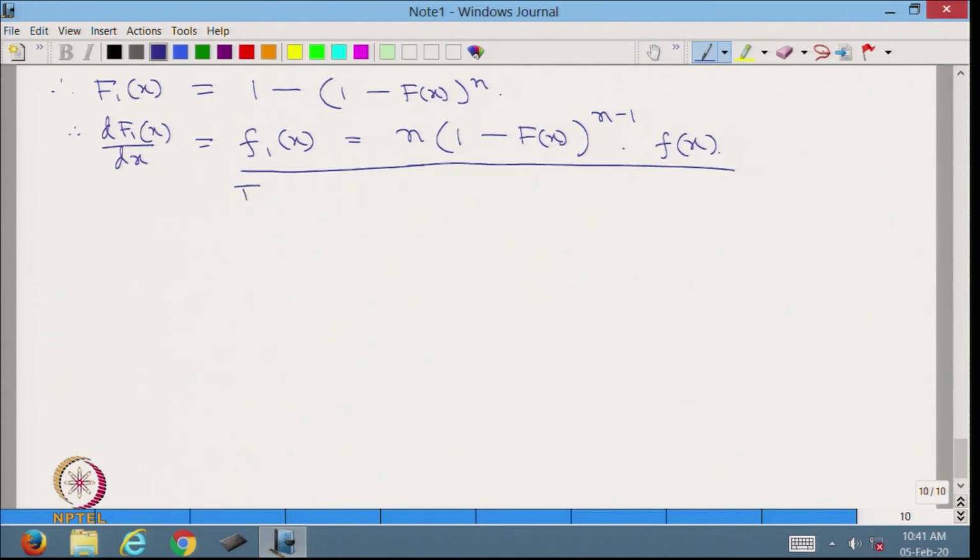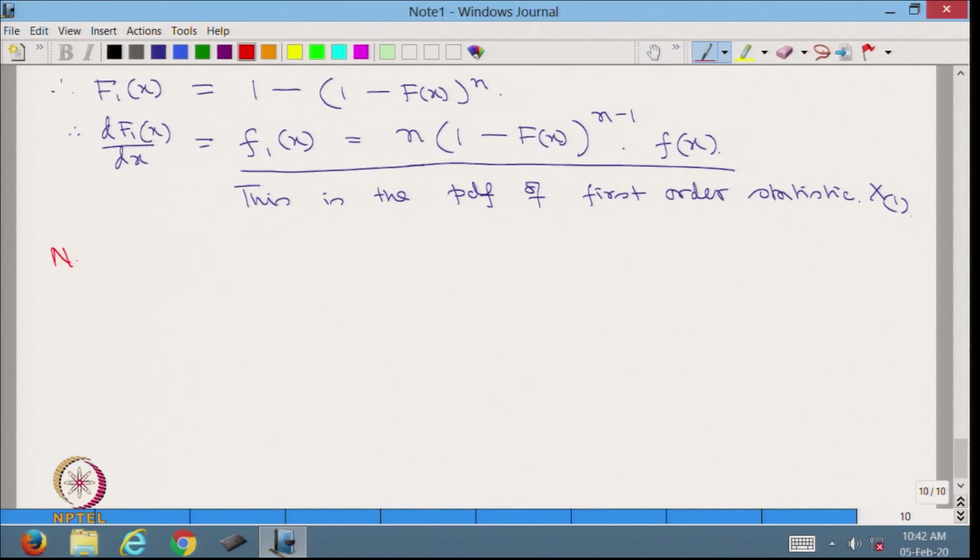So, this is the PDF of the first order statistic X1.